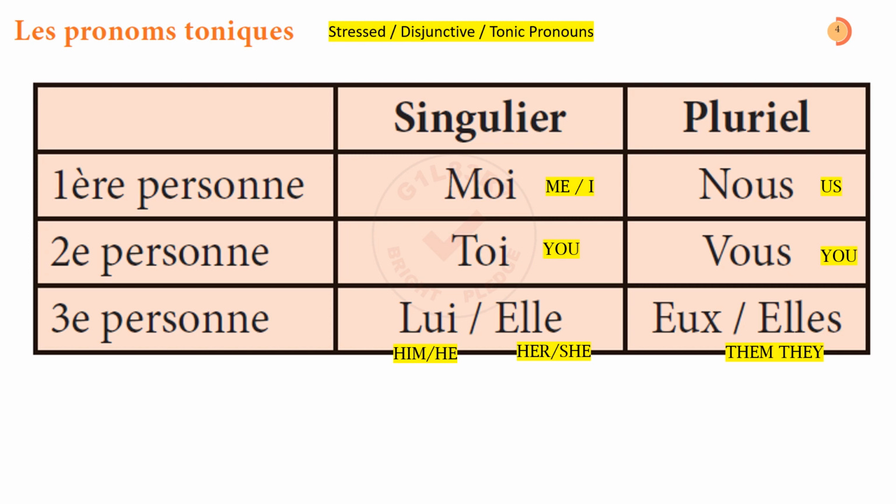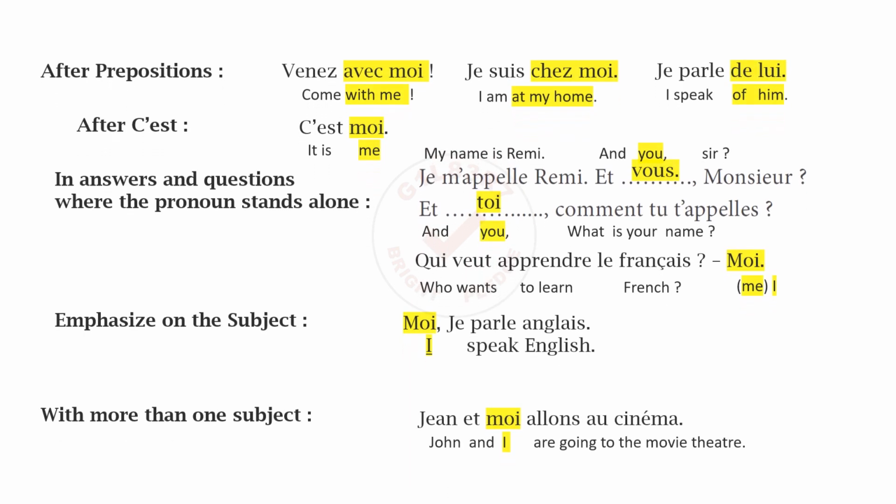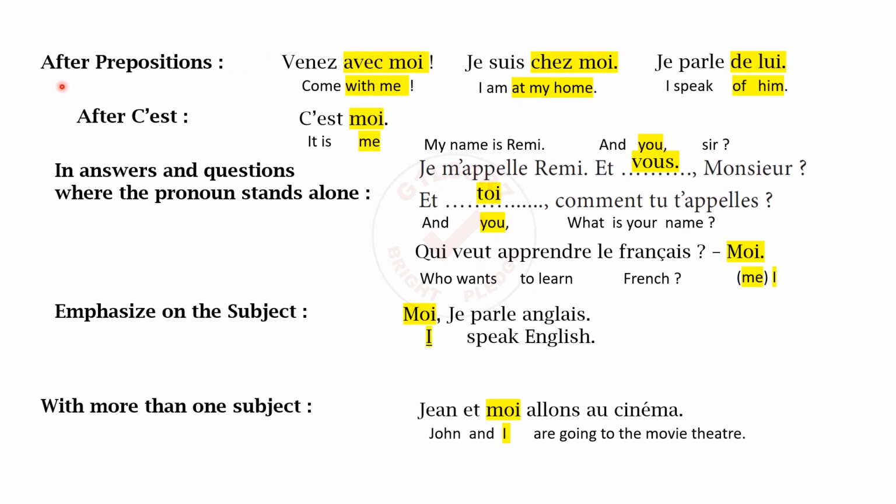Let's see when we are going to use these tonic pronouns. In the first scenario, I'm going to use them after prepositions. Look at this example: venez avec moi. Here the preposition is avec, meaning with.